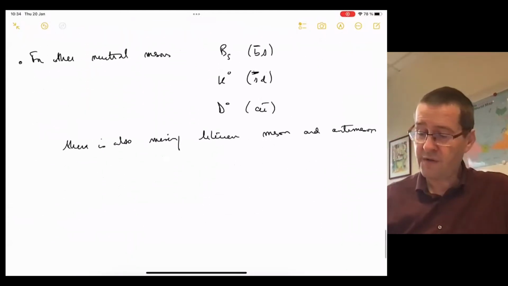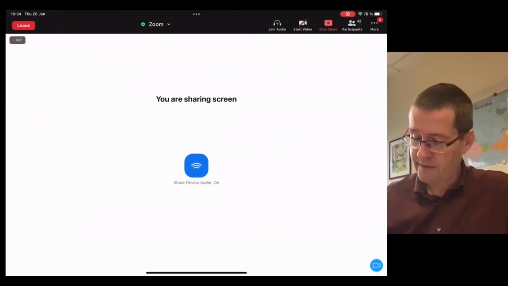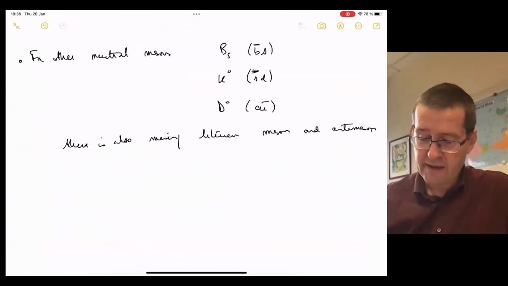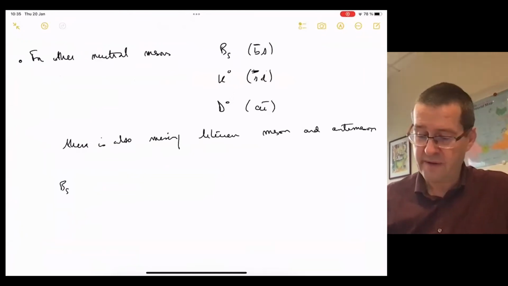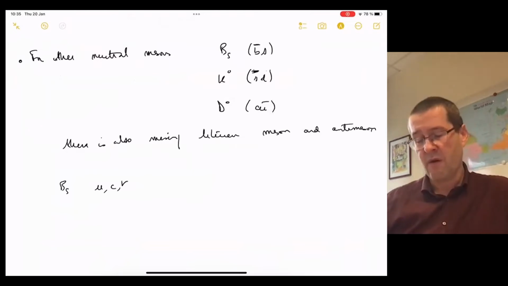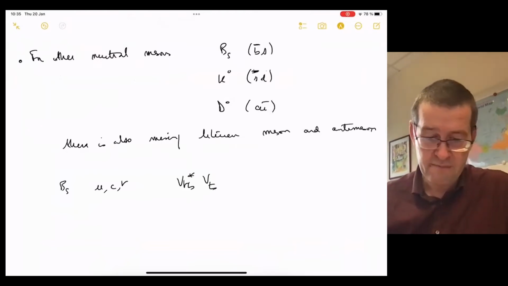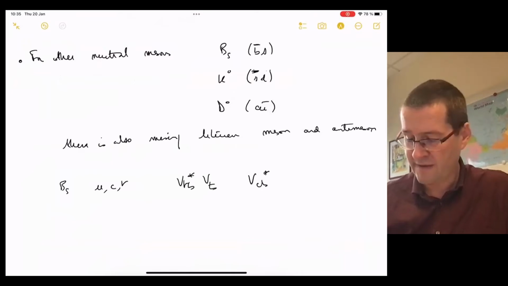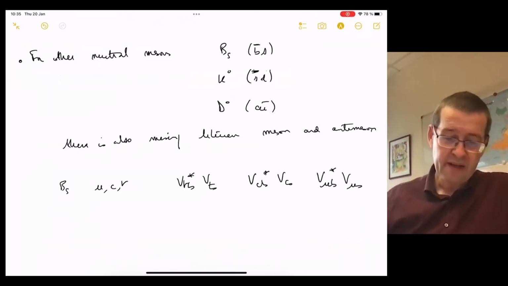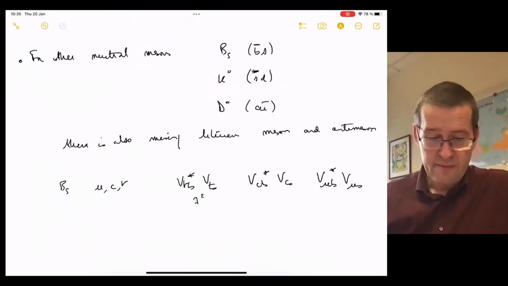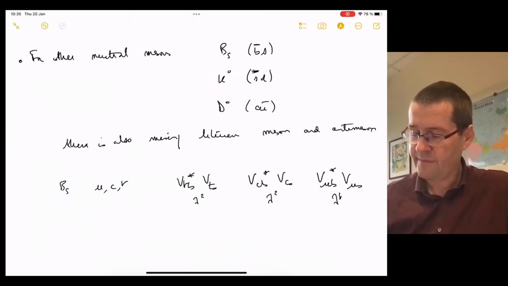If you're just looking at BS, then you will have the same U, C, T quarks inside the loop. And then when you look at V_tb V_ts star, V_cb V_cs star, and V_ub V_us star, you've got lambda squared, lambda 4.